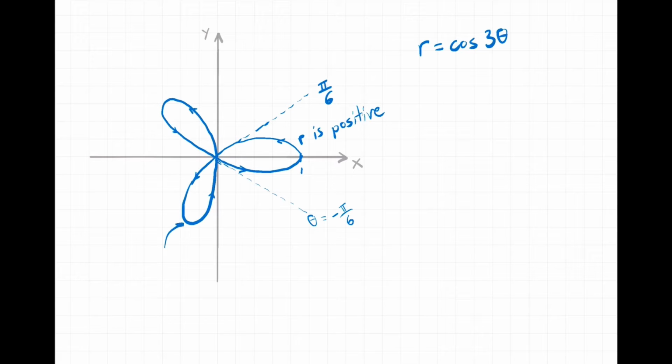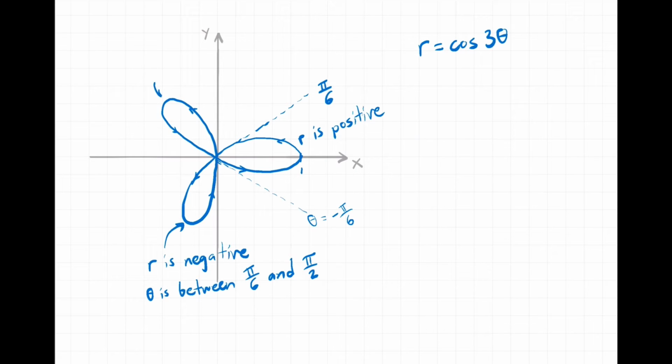Over here, r is negative. And it turns out theta is between pi over 6 and pi over 2, the positive y-axis. But because r is negative, we end up in the 3rd quadrant instead of the 1st quadrant.